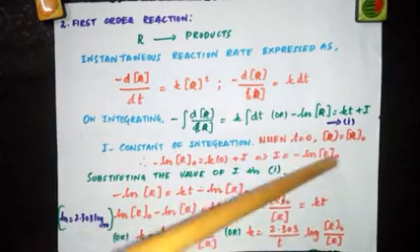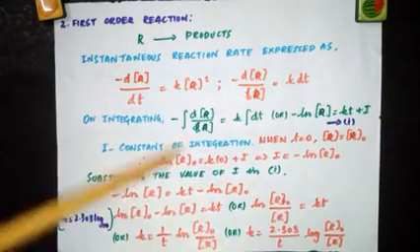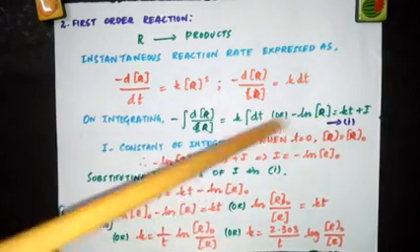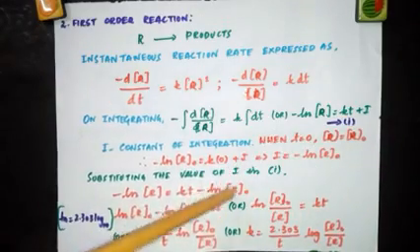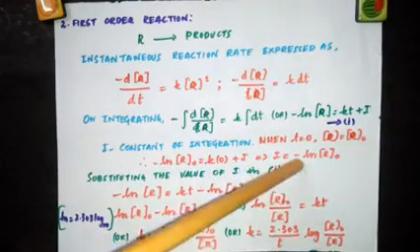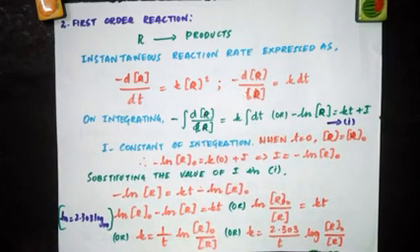Now substitute this value of I here. So when you substitute this value, you are getting minus ln R is equal to kt plus I, and for I, what value you got? Minus ln R naught. So you are putting minus ln R naught.